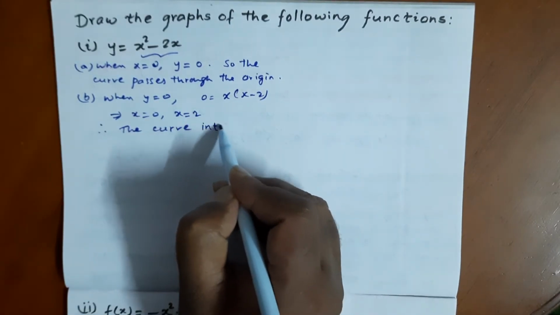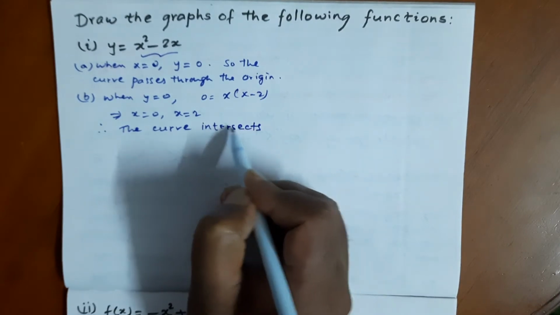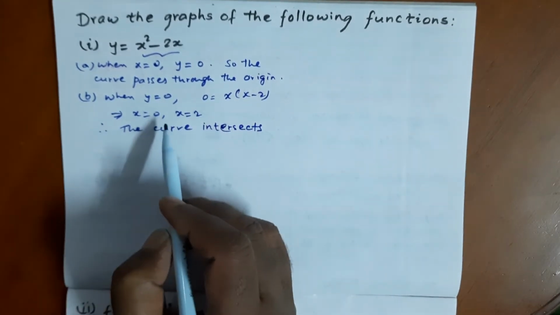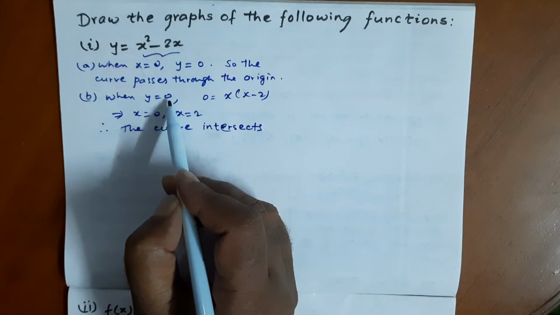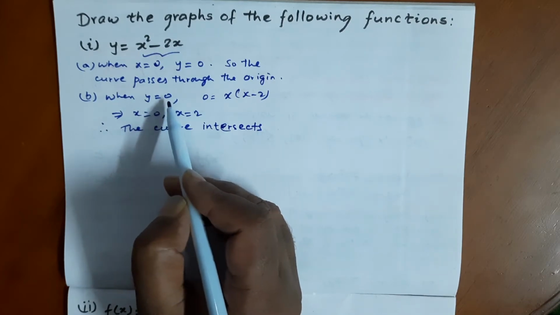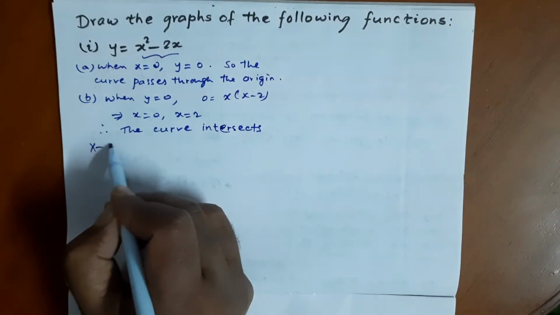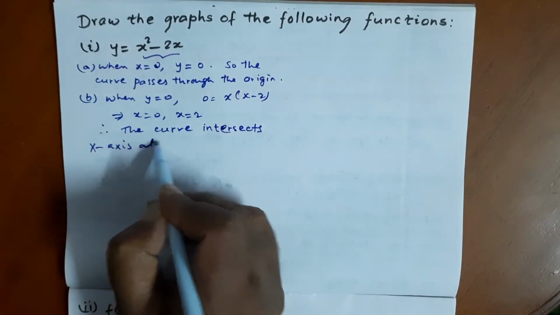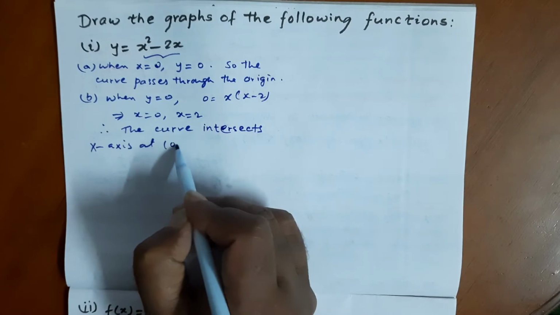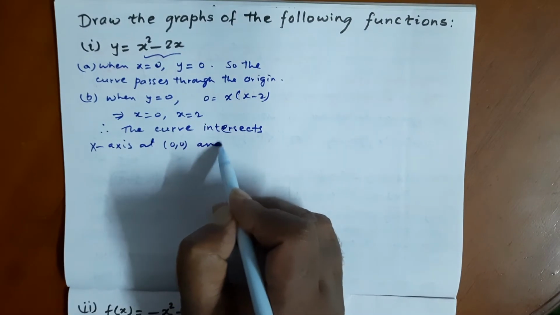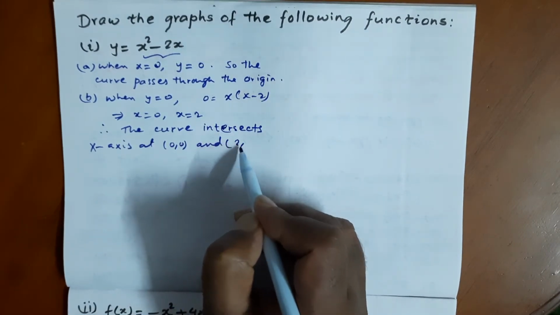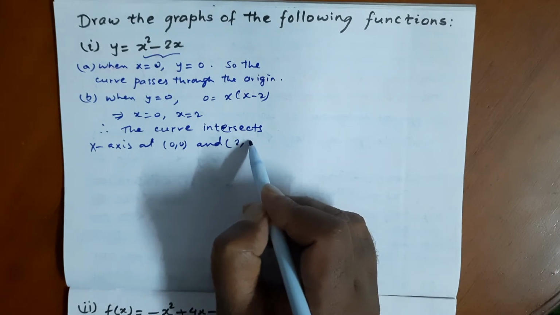Therefore the curve intersects the x-axis, where y equals 0, at (0, 0) and (2, 0).